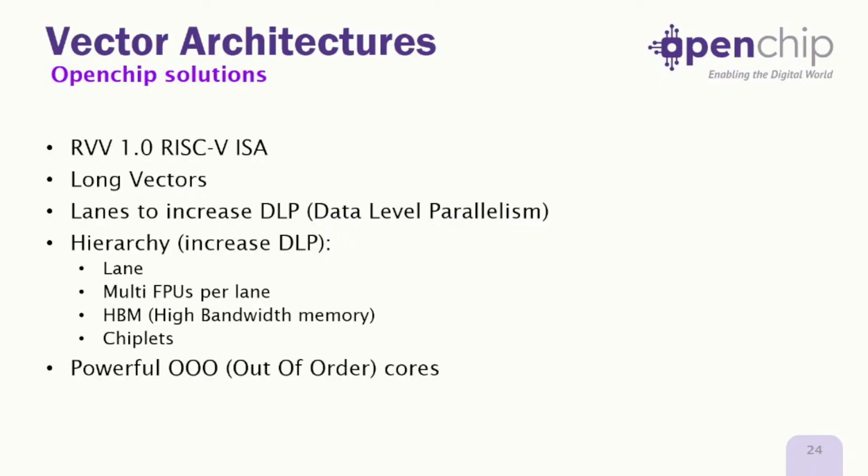For example, using multiple FPUs per lane, common memory, which is the high bandwidth memory, HBM, and also the concept of chiplets. And as the vector units are very tied to the scalar core, we also need some instruction-level parallelism, so we have powerful out-of-order cores.